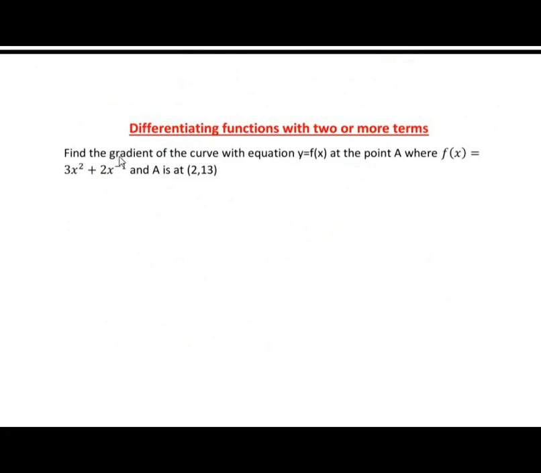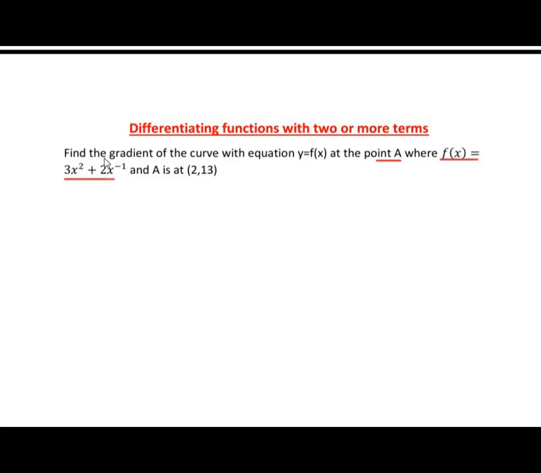Now let us try to differentiate expressions having two or more terms. Find the gradient of the curve with equation y equal to f of x at the point A, where f of x is equal to 3x square plus 2x raised to negative 1.